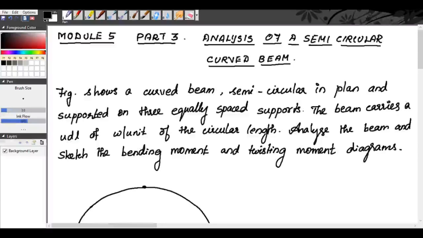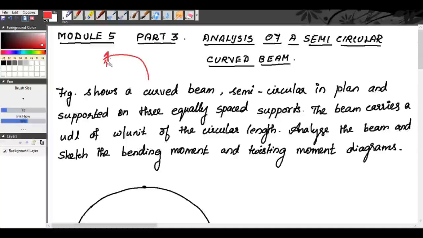We are studying the analysis of curved beams. In the previous classes, we saw analysis of a cantilever curved beam which forms a quadrant of a circle.